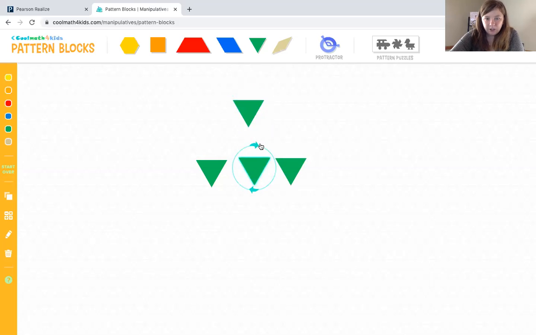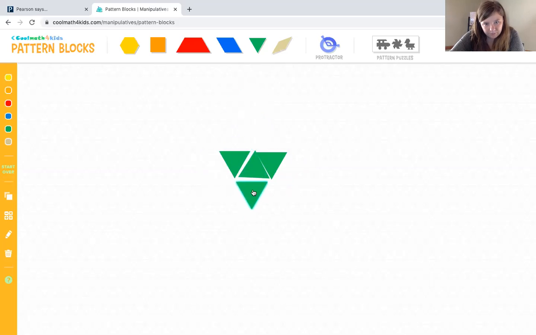So I'm going to turn this triangle around and put my pieces close together to make a triangle.